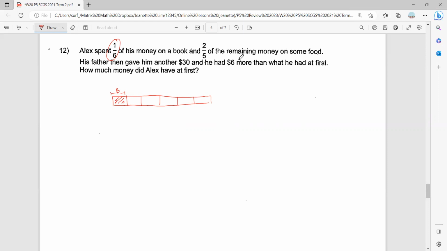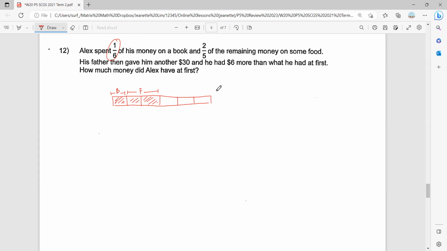Okay, now 2/5 of the remaining money. Now I have 5 units in my remainder. I can easily take out 2/5 of the remaining. So 2 units for food. Okay, spent. This is the amount left.